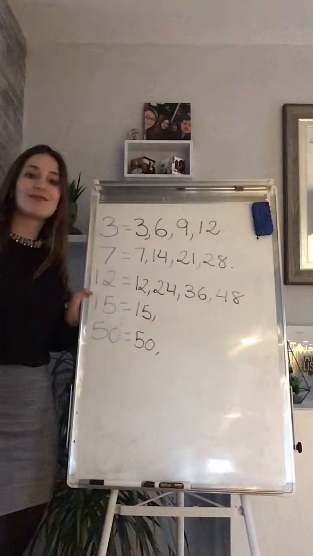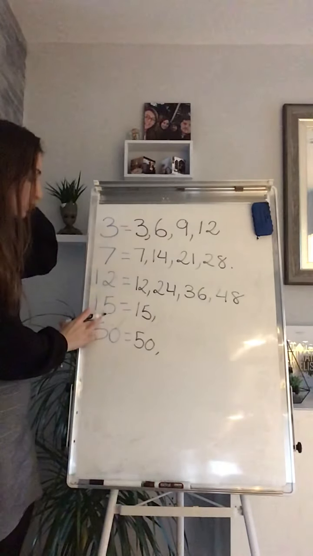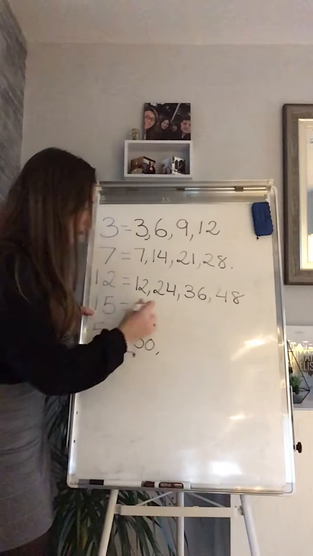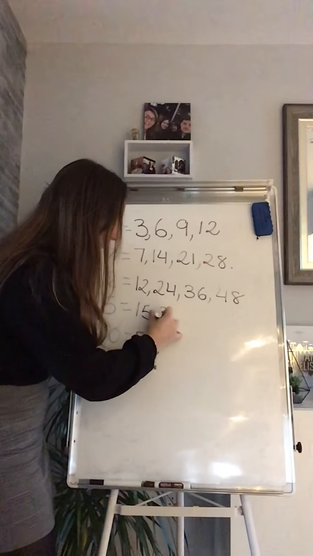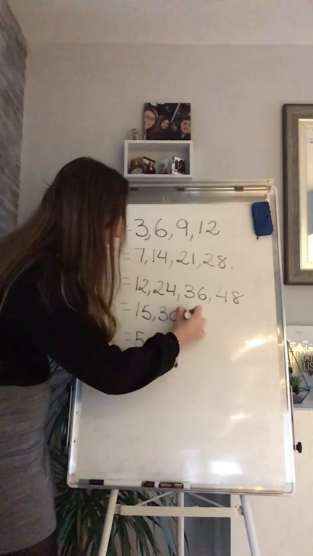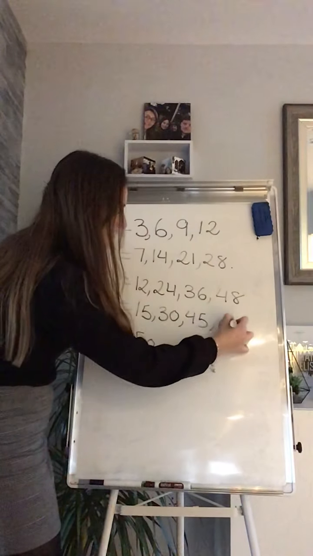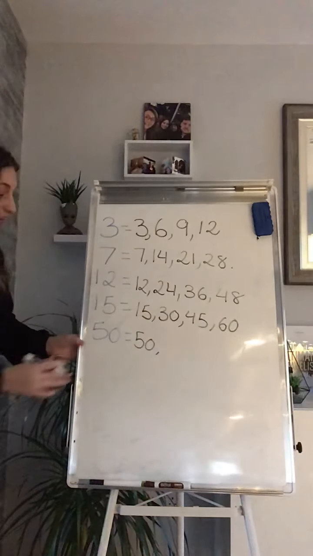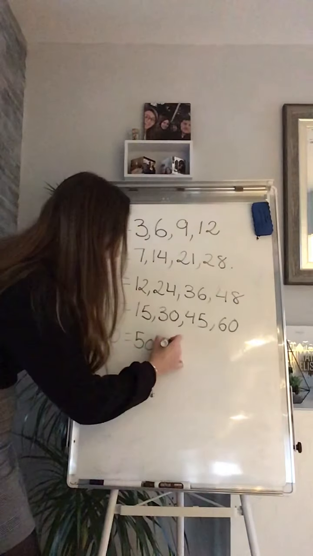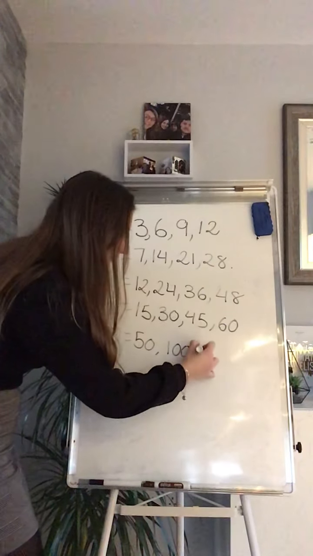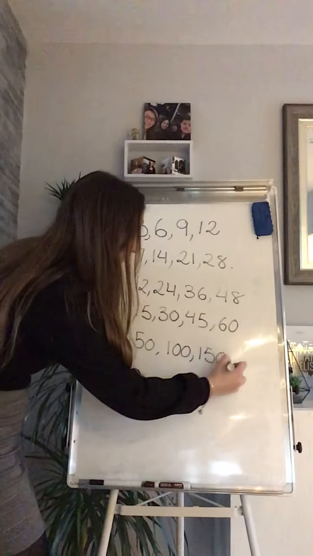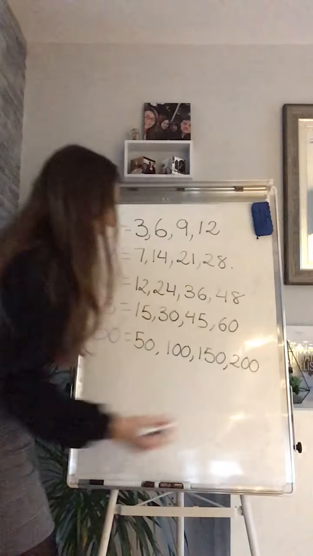48. Okay? And let's go to 15, multiples of 15. 15, 30, 45, 60. And then I go to my 50s: 50, 100, 150, 200.